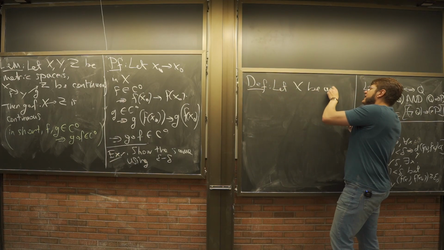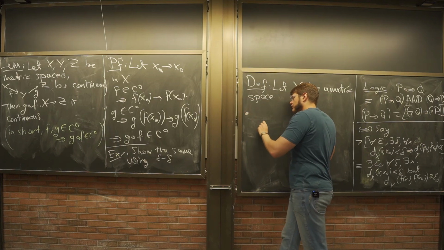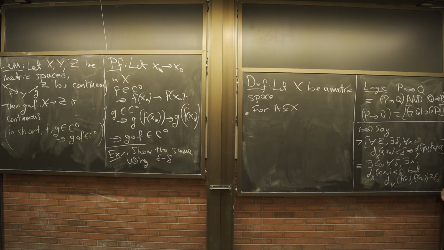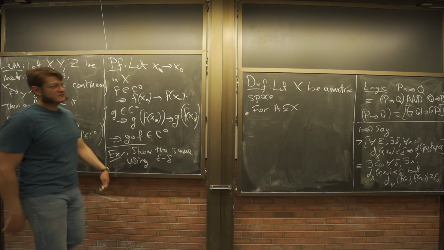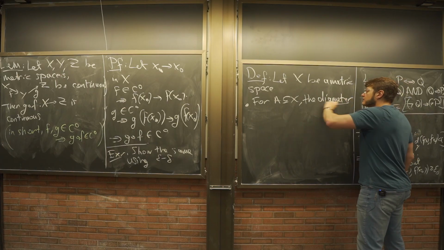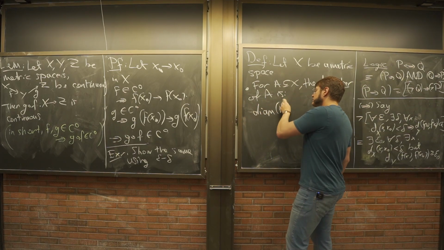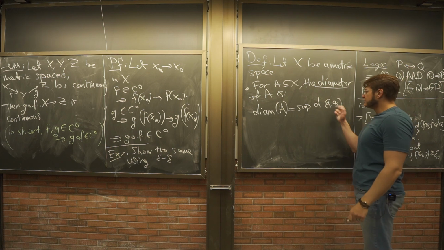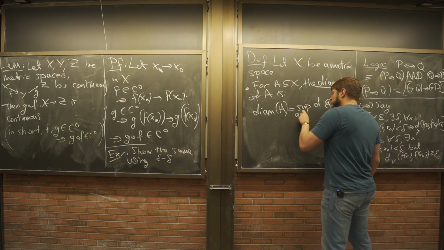Let X be a metric space. For A a subset of X, I'm going to define the diameter of A to be the extended number that is the sup of distances between any two points in A. Diameter of A, diam of A, is the sup of d(a1, a2), where a1 and a2 vary in A. Instead of writing a set, you can just write the variables underneath the sup as well, for brevity.